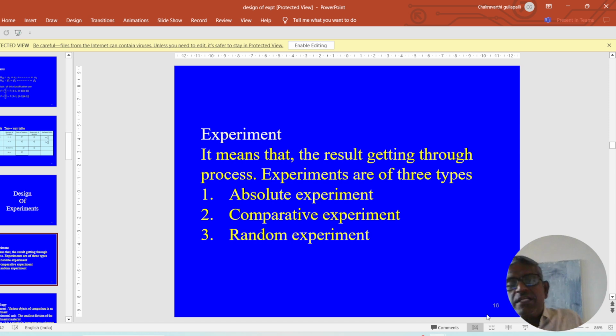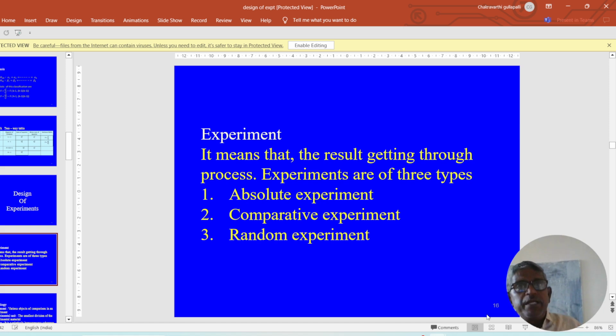Suppose a result is explained before completion of the experiment, then it is called an absolute experiment. If the result is explained on comparison of two or three situations, then it is called a comparative experiment.